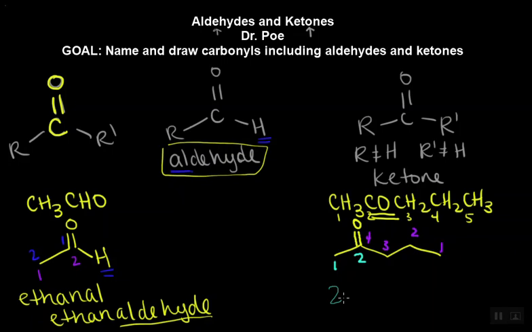So this is going to be 2, and then you name the longest group, and we're going to add the ending O-N-E. The longest chain here is 5, so that's pent, penten, and then one. 2-pentanone. One means ketone, aldehyde means aldehyde. Lovely, simple, straightforward.